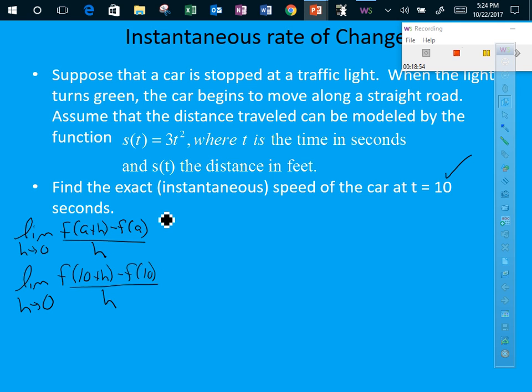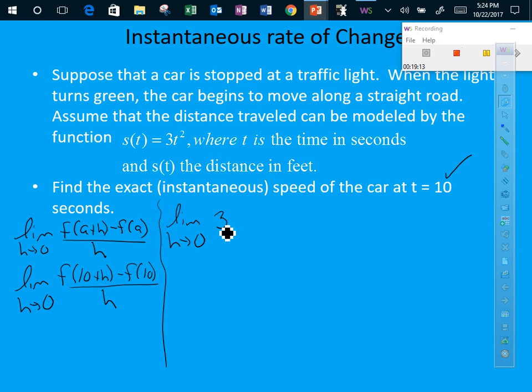Now here comes the algebra of it. This is going to become the limit as h approaches 0. Now, come up into your original equation. Wherever you see a t, we're going to substitute that with 10 plus h. So it's going to start looking like this.